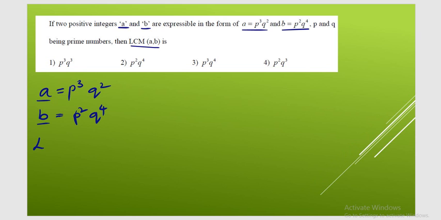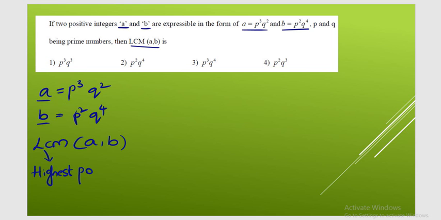Now he is asking you to find the LCM of a comma b. If I need the LCM of a comma b, then you need to take the highest powers of the prime numbers.